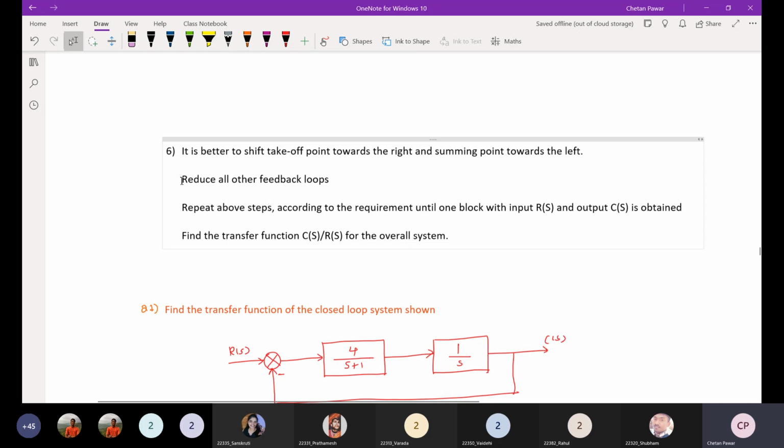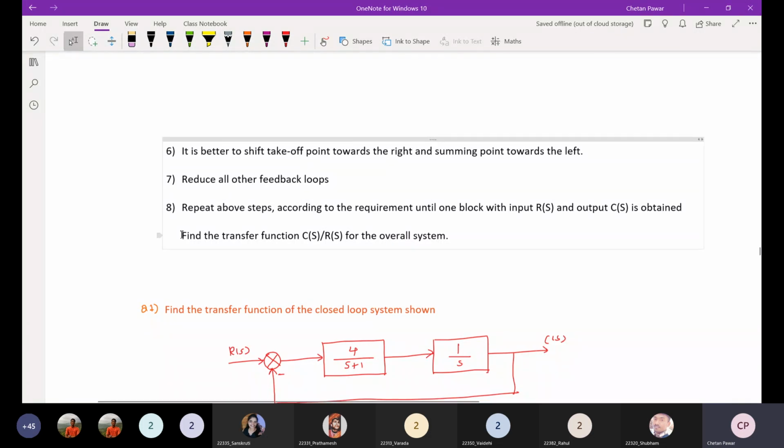So point number 7 is: reduce all other feedback loops. If feedback loops are present there, you can reduce all of them. And the 8th is: repeat the above steps according to the requirement until one block with the input R(s) and output C(s) is obtained.